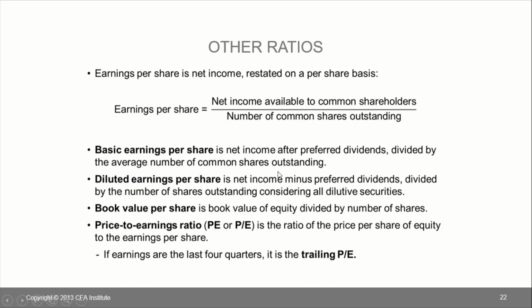So unlike the average common shares outstanding, where we're talking of all of the common shares outstanding only, here the number of shares outstanding can change at any time of the year. Okay?